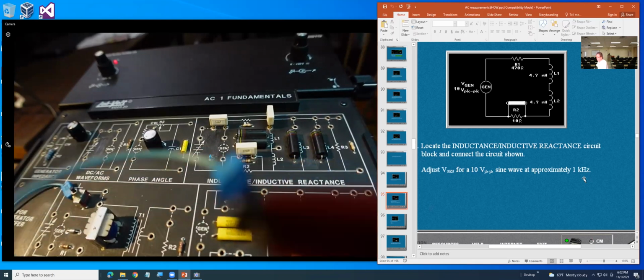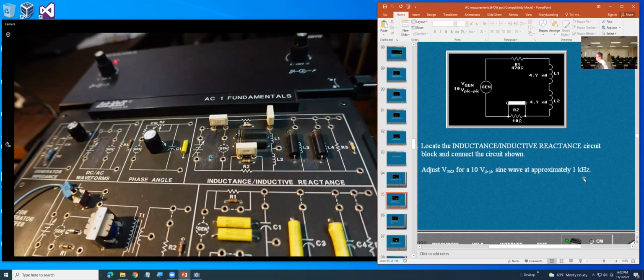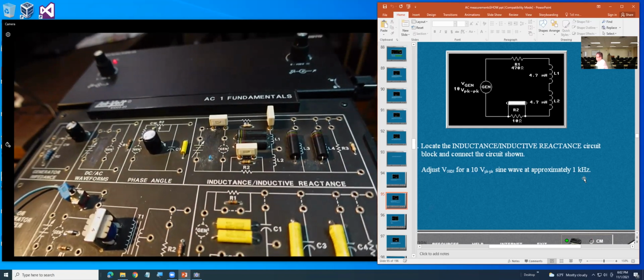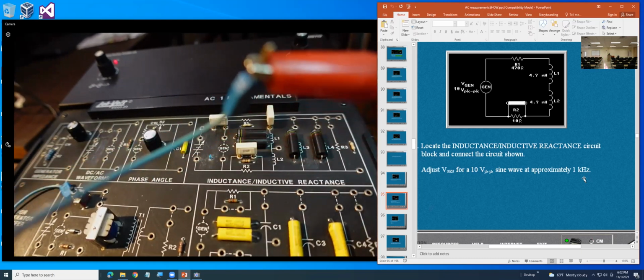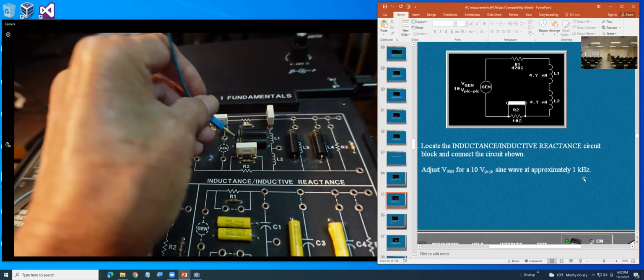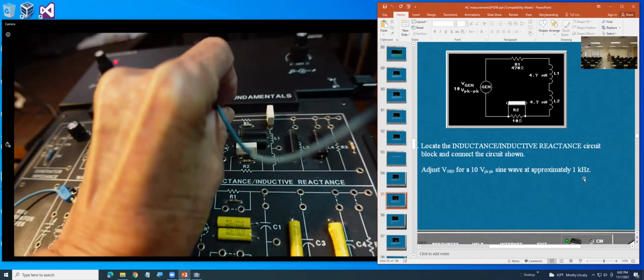So this generator output here, I connect into the output generator.